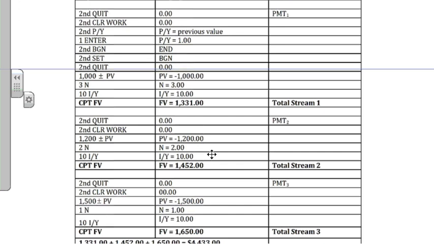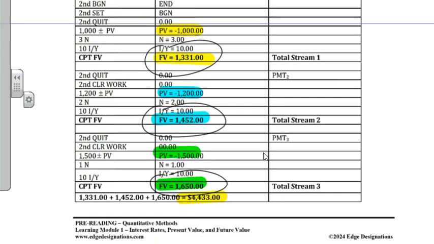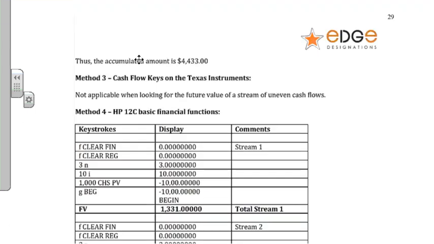I take my first payment of 1,000 and I future value that. I take my next payment of 1,200, I future value that. I take my third payment of $1,500, I future value that. And then I sum all of my future values, number 1, number 2, and number 3 together, and I get to an answer of 4433. Unfortunately that's the only real way to calculate it for a future value calc.